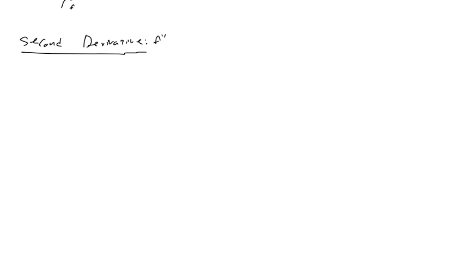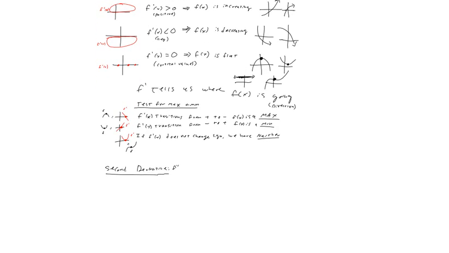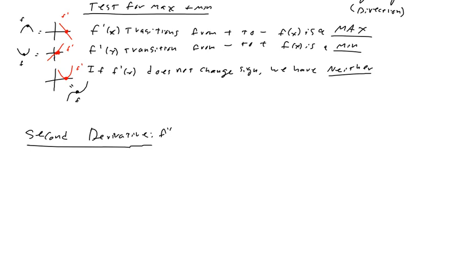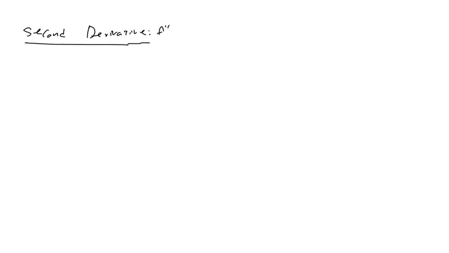So first of all, f double prime tells us, let's take a look again. How did I do this before? So if the second derivative of x is greater than 0, then what does that mean for f of x?